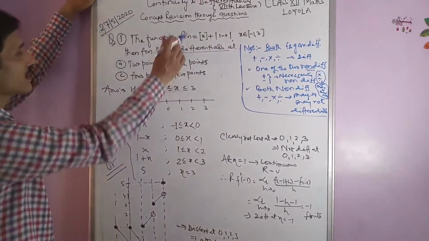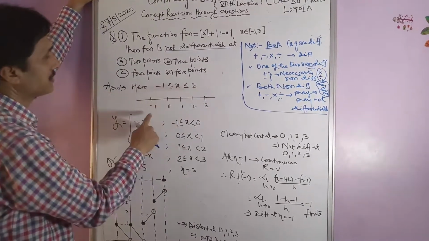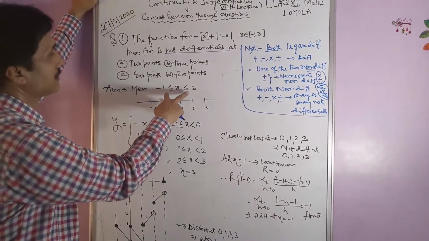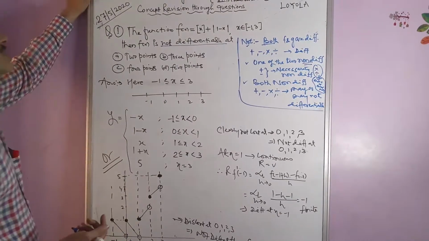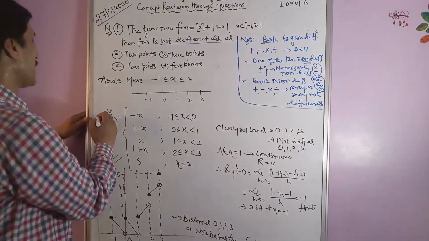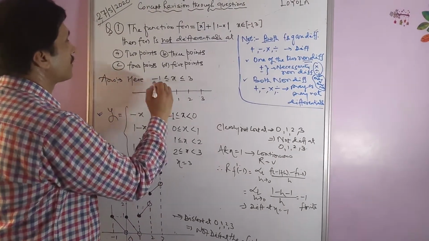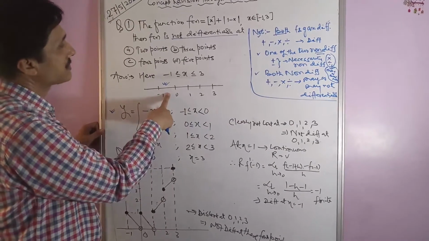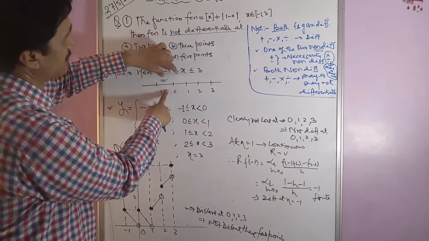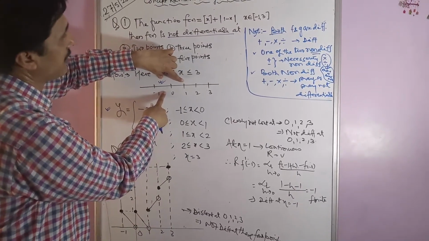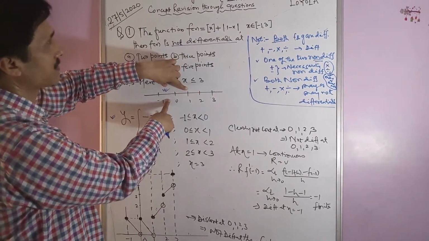Here, we do the question: x lying between -1 to 3. The integral part in the given interval takes the values -1, 0, 1, 2, 3. First of all, we rewrite the function. When x lies between -1 to 0, the integral part is -1. x is here, 1 is here, x less than 1, so 1 minus x is positive.